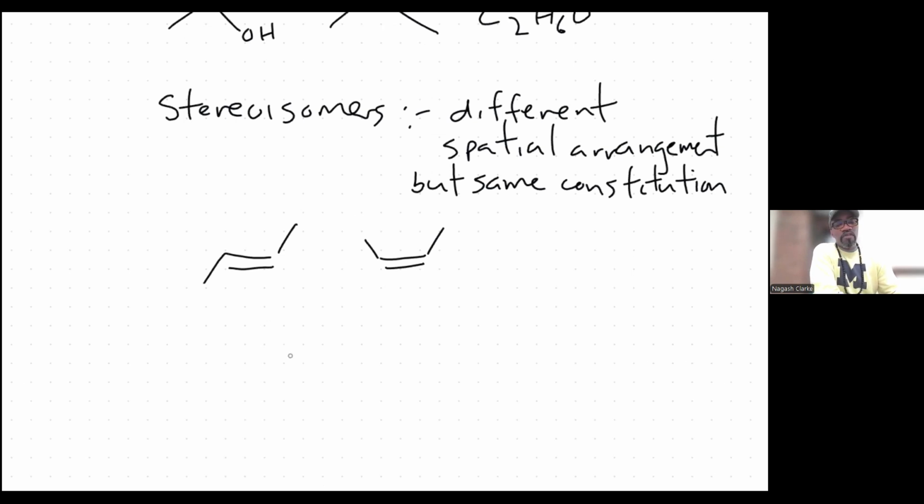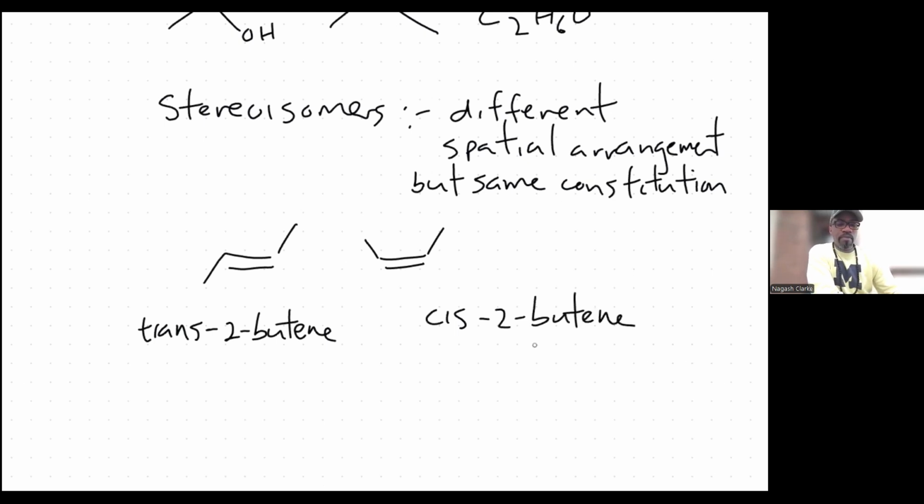So we have the trans 2-butene, and then you have the cis 2-butene. Right. And they're both C4H8. So they're the same constitution.